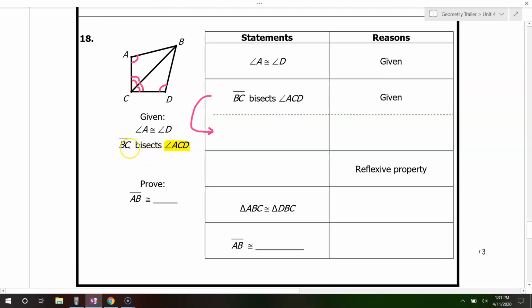So they told us that BC bisects angle ACD, but the way we showed that in the picture was to mark angle ACB congruent to angle DCB.